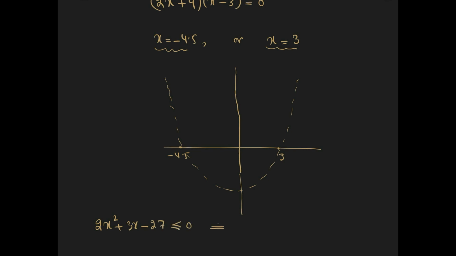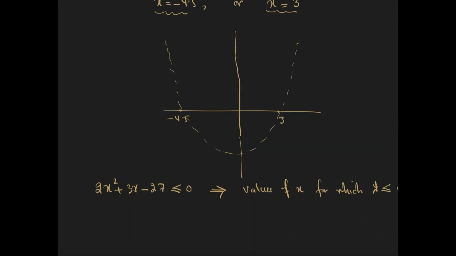It means that our solution set includes the values of x for which y is less than or equal to 0, or we can also say for which the curve is below the x-axis.